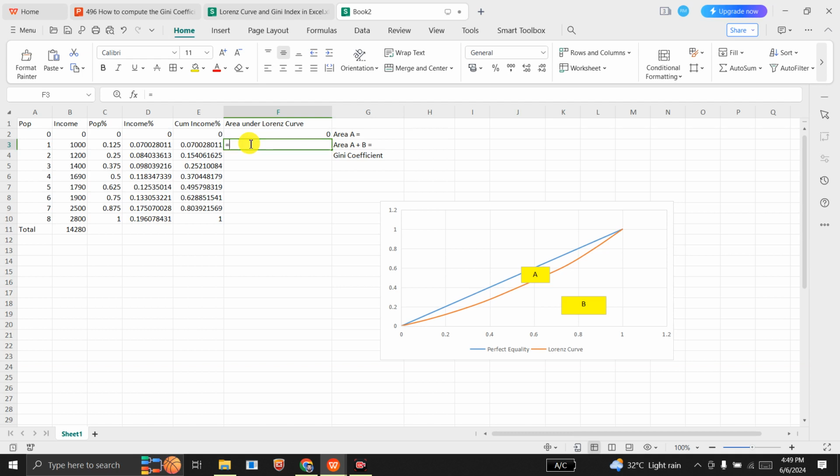So the formula for that is, I'll use this plus this, and I'll divide this by 2, and after that I multiply this by the constant percentage of this percentage.